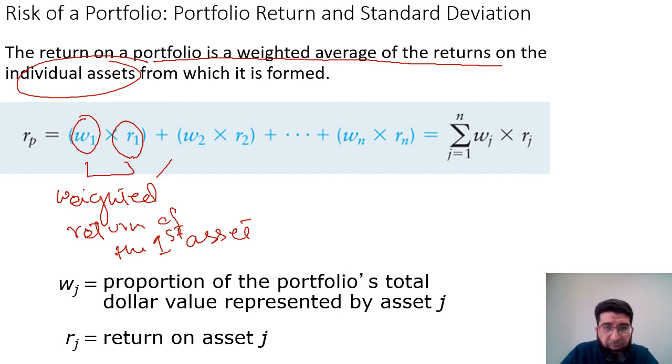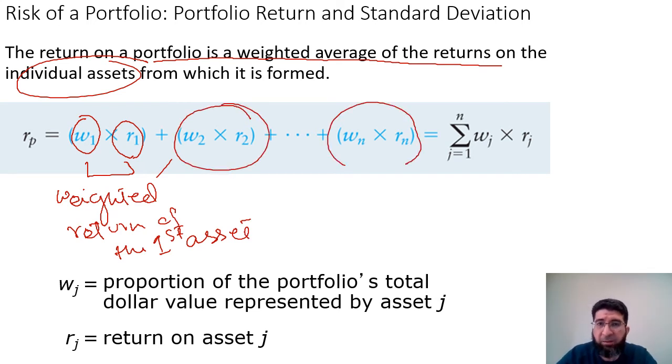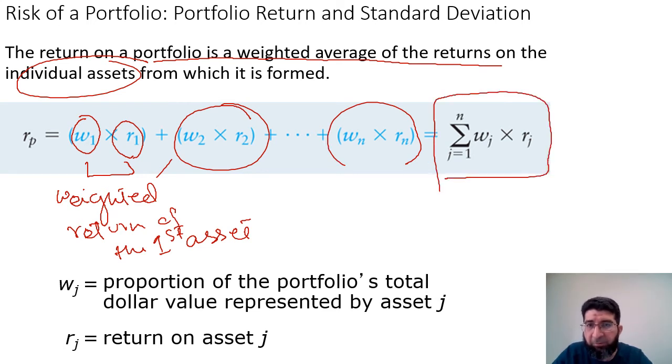Similarly, this is for the second asset, then so on for the nth asset, and we can algebraically define it as the sum of weights w_j, where j goes from 1 all the way up to n assets in our portfolio, multiplied by the return r_j, for the first asset all the way to the nth asset in our portfolio.